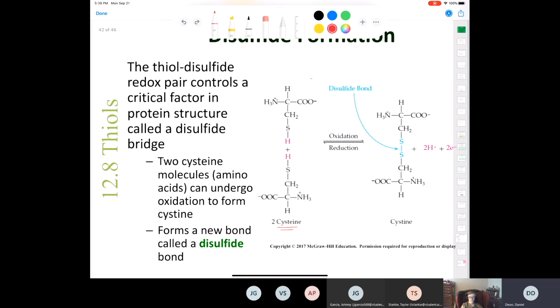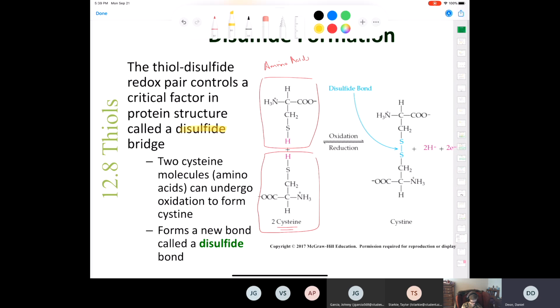This is a cysteine molecule right here, and this is another cysteine molecule here. These are both amino acids, and they're both identical. And what it's saying here is that the thiol-disulfide redox pair controls a critical factor in protein structure called a disulfide bridge.